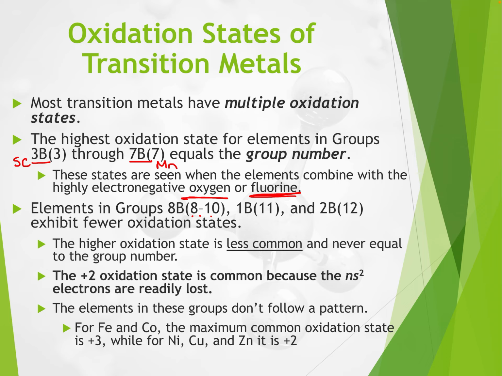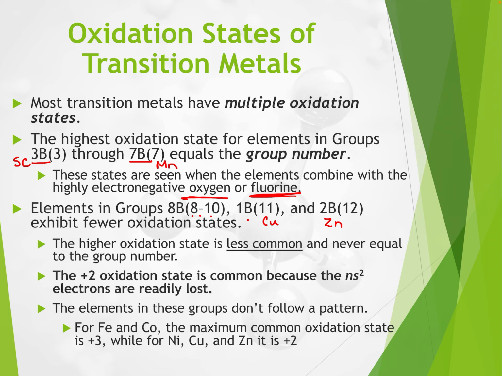And then 1B, which comes after 8B, so that's 11 and then 12, so this would be copper and this would be zinc. But these elements have fewer oxidation states. They will have one that's pretty common and then some that are less common, but the highest oxidation state is usually less common, and it's never going to be equal to the group number. They don't lose all of these electrons. That would be a ridiculous number of electrons to lose.